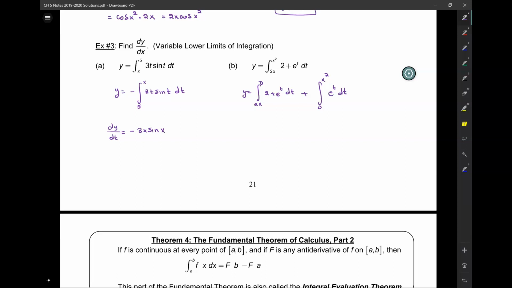Oh, 2 plus e to the t, I'm so sorry. But now I have a problem with the first one because the variable is in the lower bound. So I have to take the negative. So y is the negative integral from 0 to 2x of 2 plus e to the t dt plus the integral from 0 to x squared.